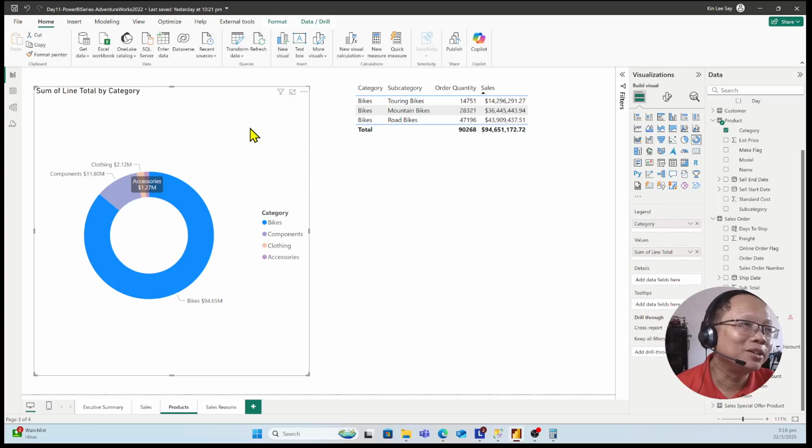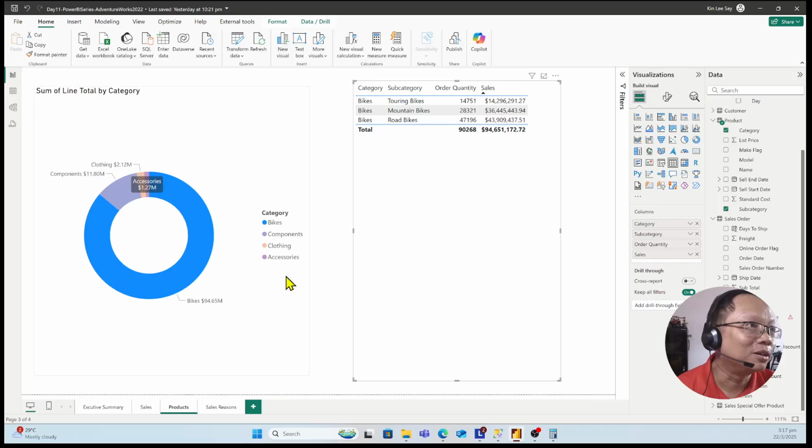In the industry, many years ago, I was told that your best selling products should make up 80% of your total sales. So this looks like it. That means bikes is around 80% of all. Next will be components, then clothing, and accessories. We are just playing around at leisure on this.